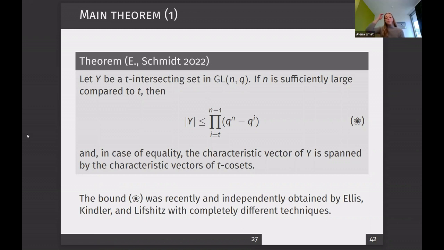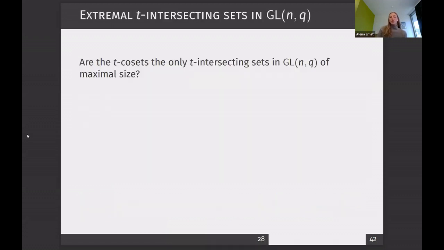Okay. But are the t-cosets also the only t-intersecting sets of maximal size? So the answer here is unfortunately no. And the reason is basically that, having a t-intersecting set, the set consisting of all transpose matrices is also t-intersecting.